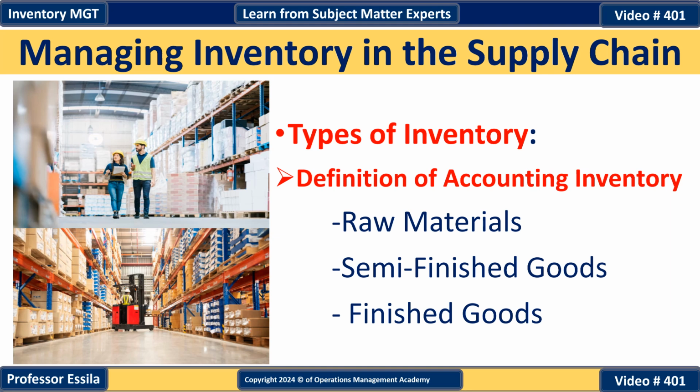It uses cost accounting methods such as FIFO, first in, first out, LIFO, last in, first out, or the weighted average cost to value inventory. So its records reflect the monetary value of inventory, including raw material, work in progress, and then finished goods.